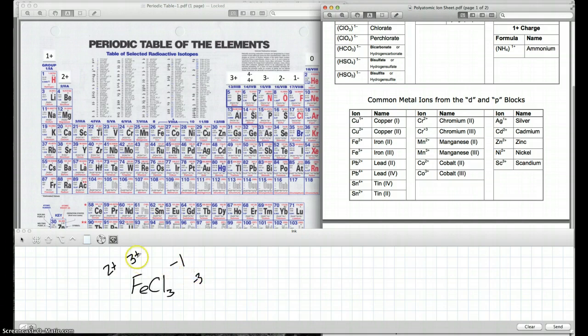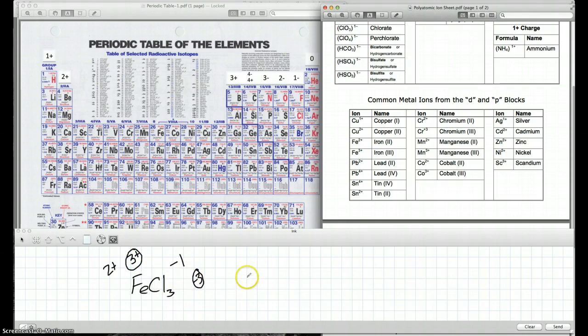Well, one of the things is we want these to add up to 0. The whole reason we do the switch trick is to get these charges to add up to 0. So if we have a -3 on this side, we need to cancel that out with a +3. So that means this iron must be the +3.